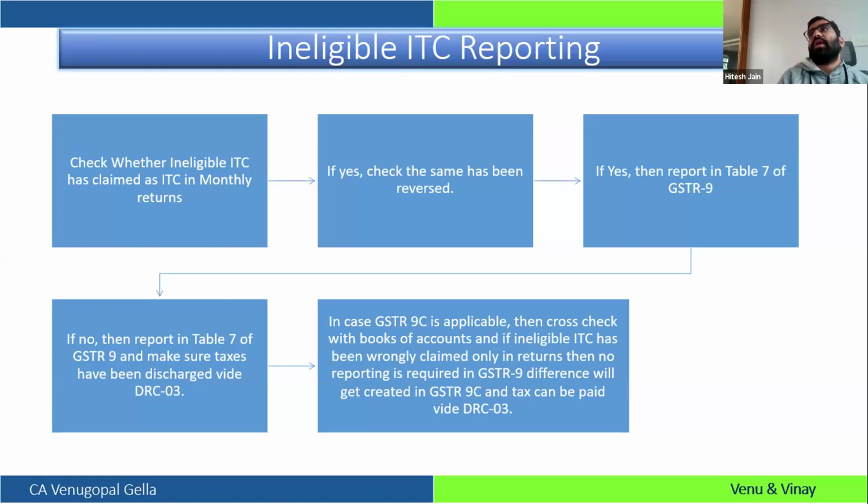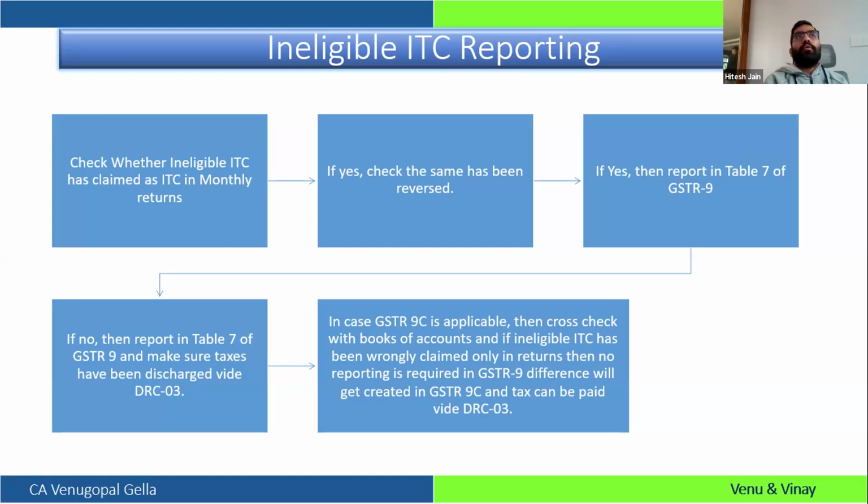In case an assessee is liable to file only GSTR 9 and GSTR 9C is optional and he files only GSTR 9, then this can be the method which he can adopt to report and reverse the ineligible ITC.